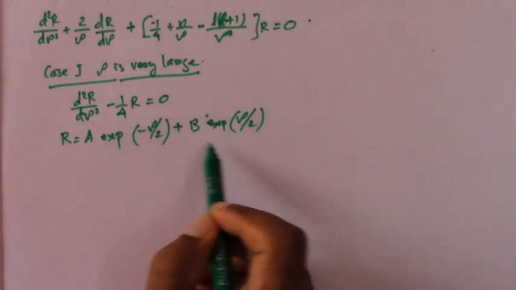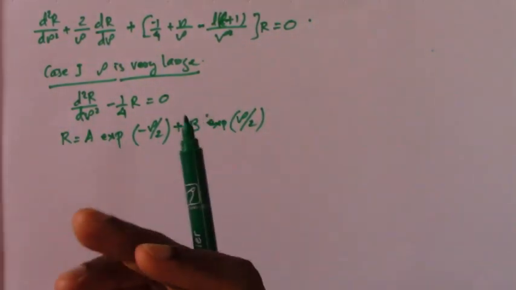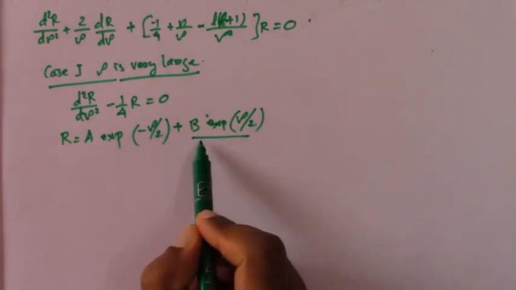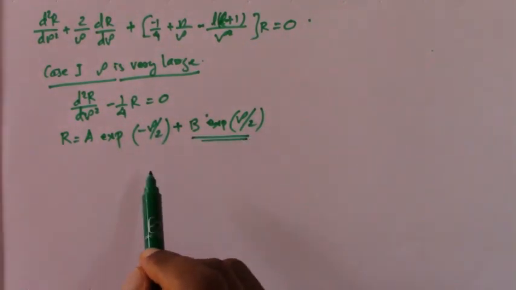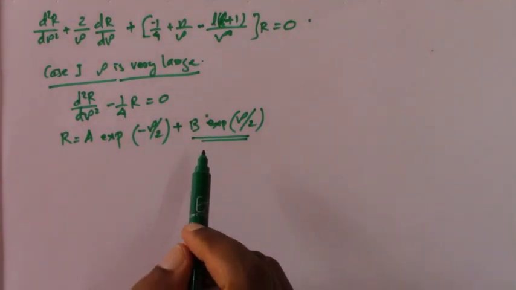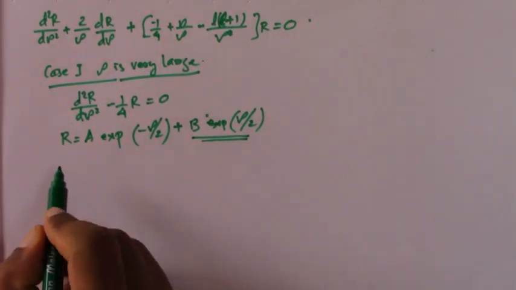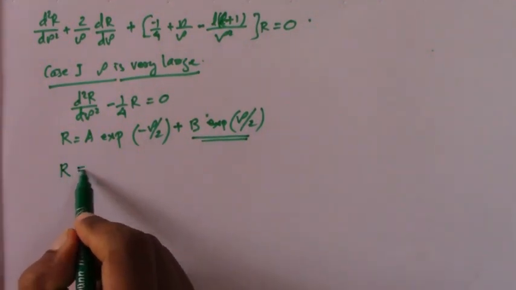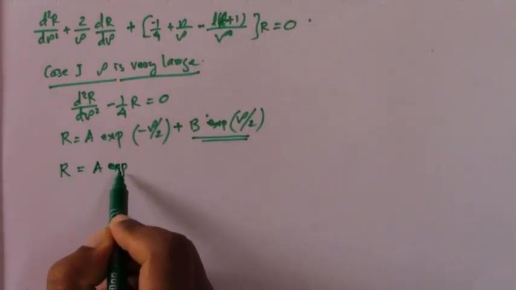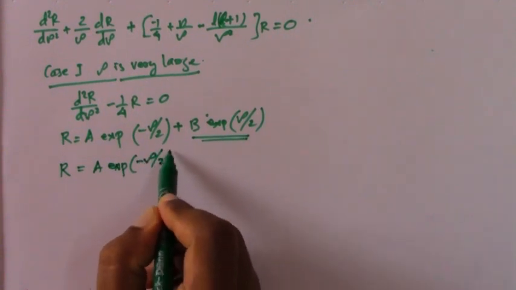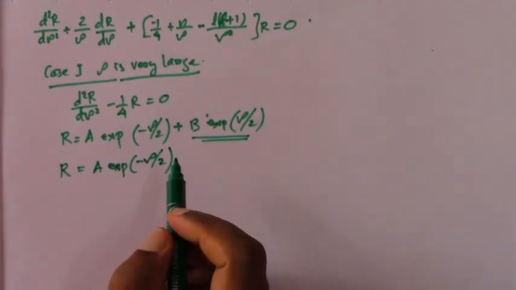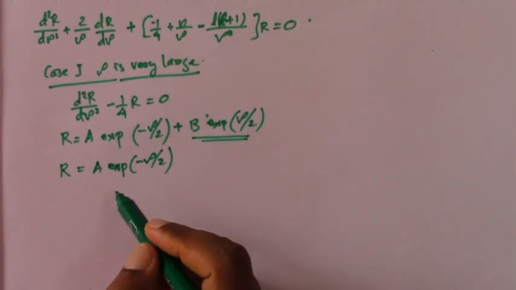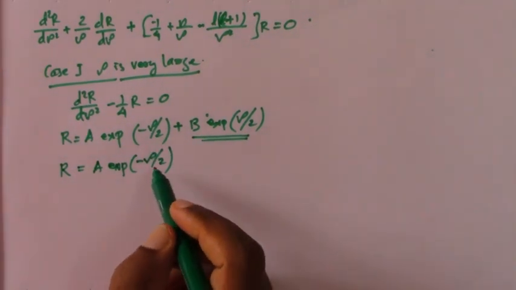So we cannot include this term as a part of the wave function. The acceptable wave function is R equal to A exponential minus rho by 2. This is the only part which is acceptable.